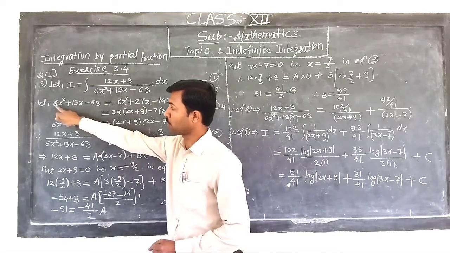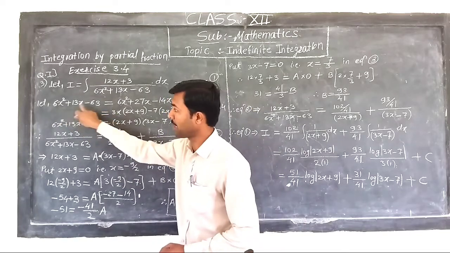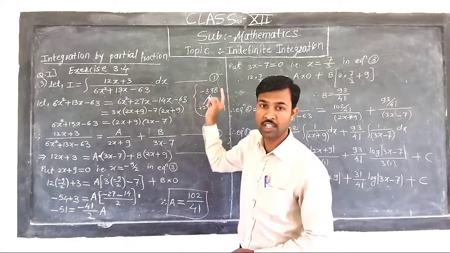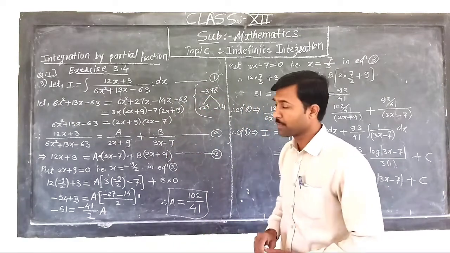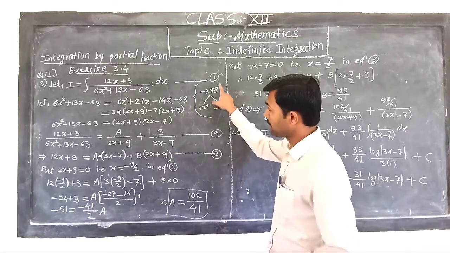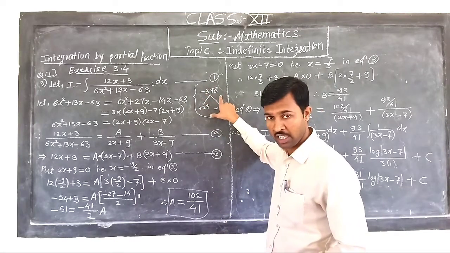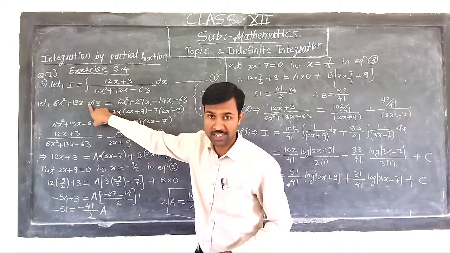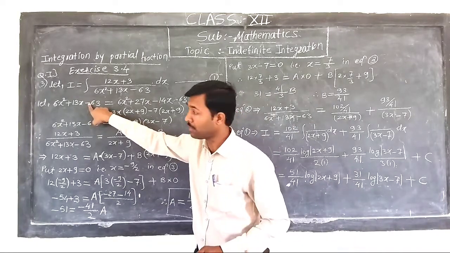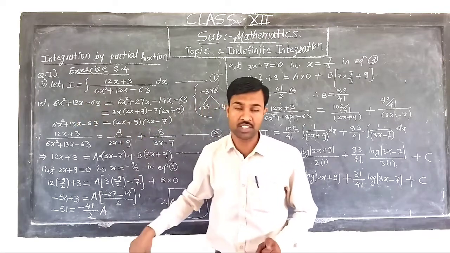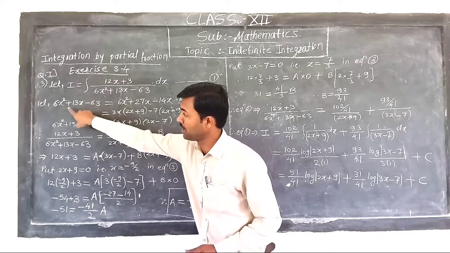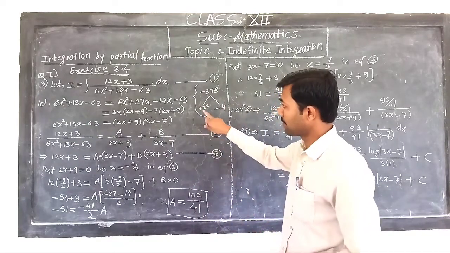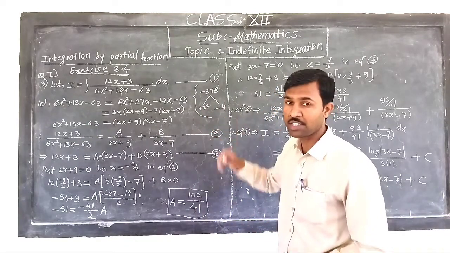Here we have to take the product of 6 into this constant, that is minus 63. 6 into minus 63 is minus 378, and we have to factorize this term minus 378 in such a manner that the difference of the factors must be plus 13. The factors for that are plus 27 and minus 14.